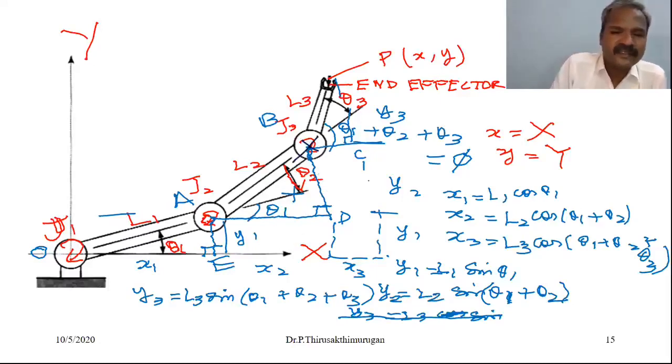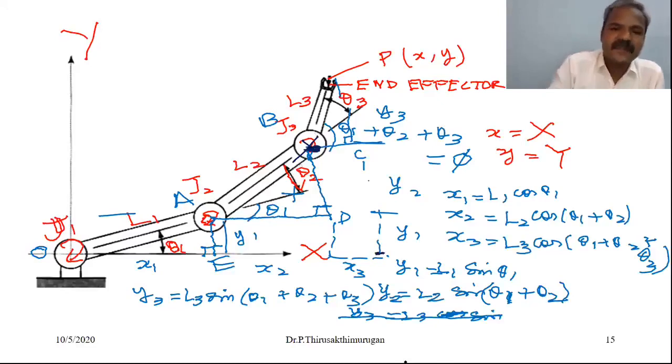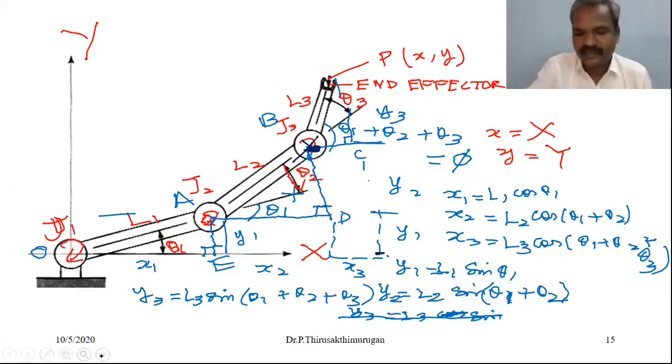So I consider this position up to this is equal to x1 plus x2. That is x2. This position is x3. So this up to this is x3, right? So what is x3? x3 is x minus x2 minus of this, okay.